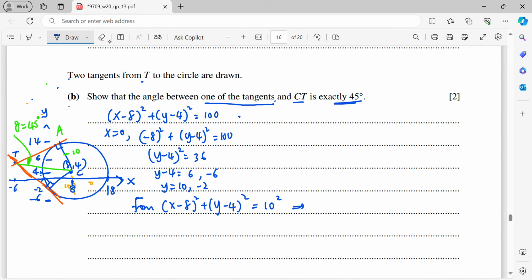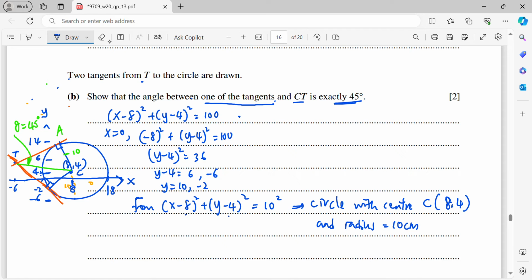This is a circle with center C, and the coordinates will be 8, 4. We get it from x minus 8 and y minus 4, and radius 10. That's why I say AC is 10, or even C to the other line is also 10.